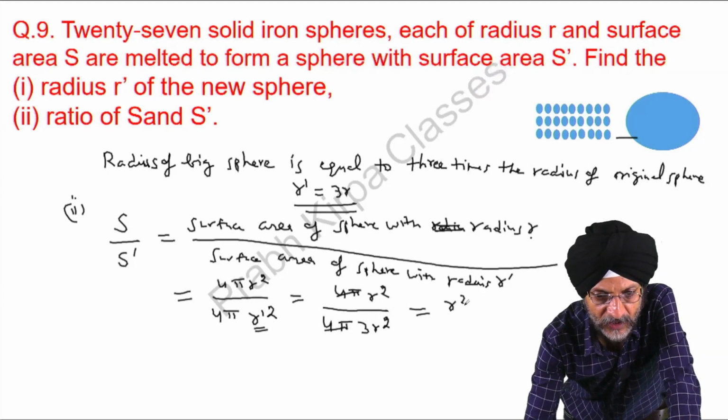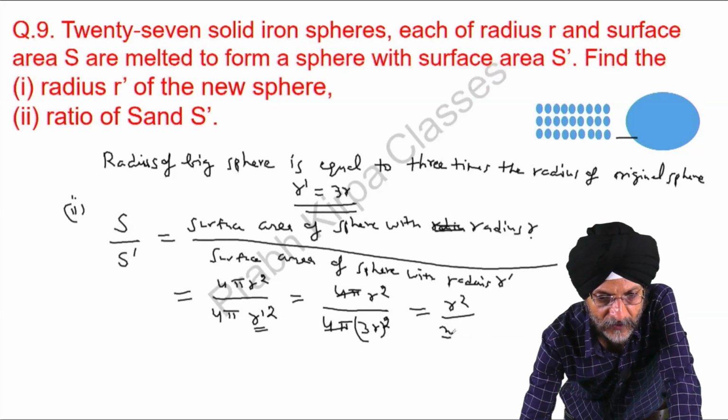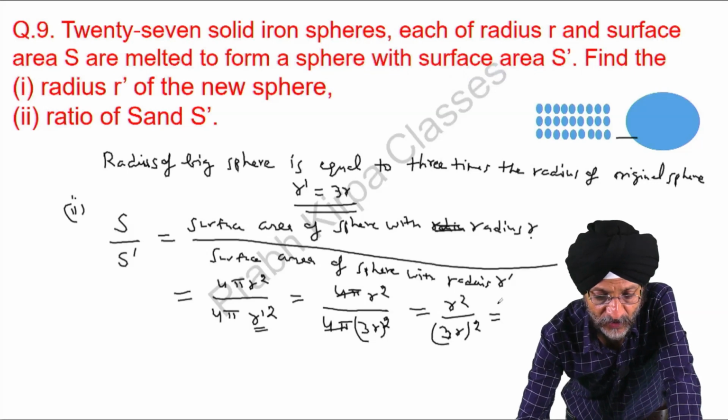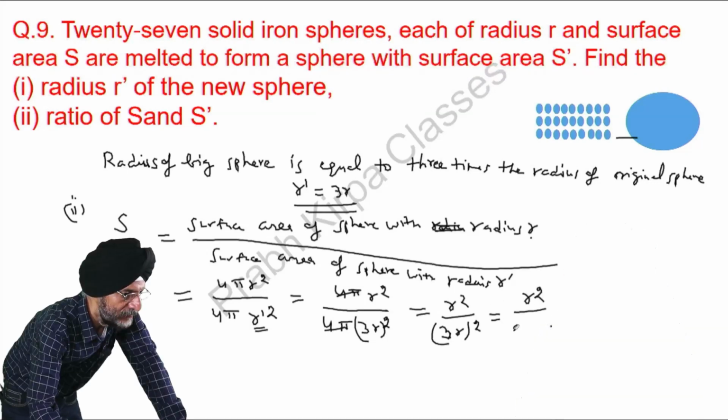So it will come as r square over 3r square, which is r square over 9r square.